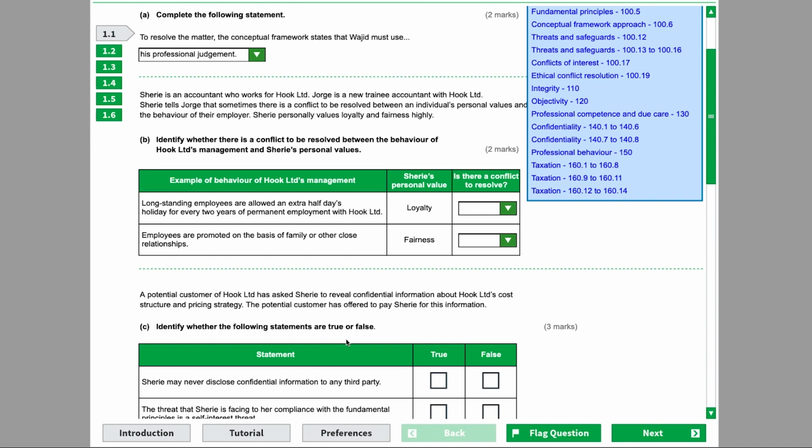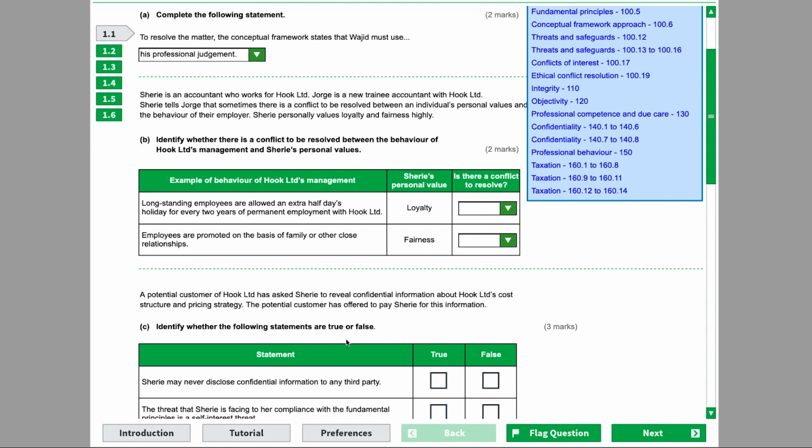B then says, identify whether there is a conflict to be resolved between the behaviour of Hook Limited's management and Sherry's personal values. So we've been given 2 examples of behaviour by Hook Limited's management. We've got Sherry's personal value, and then it asks, is there a conflict to resolve?